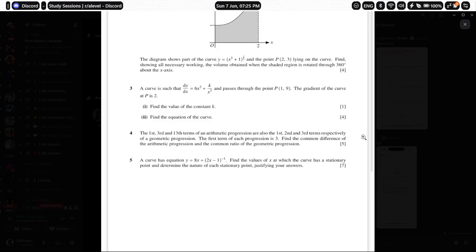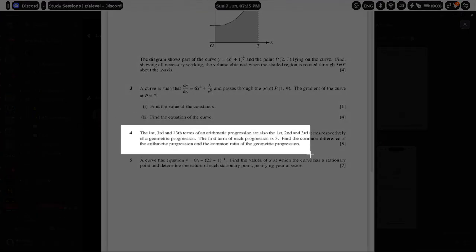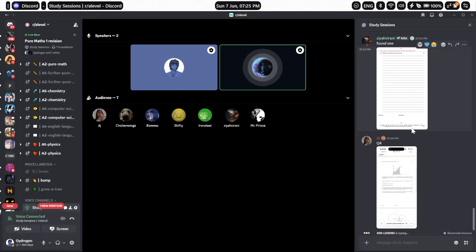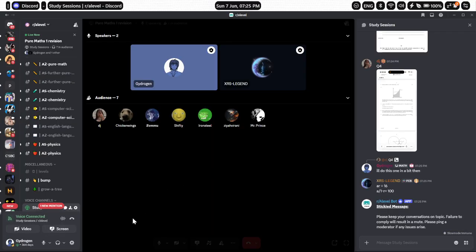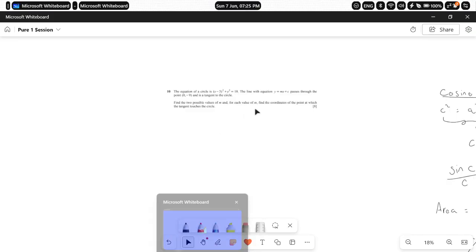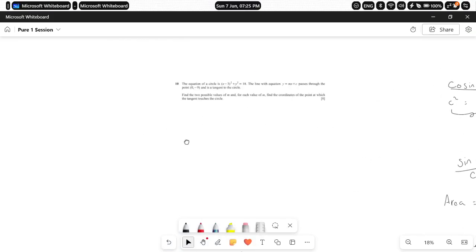All right, so the second term of the geometric is 16. So that means ar is equal to 16 and sum to infinity is 100. So you have a upon 1 minus r is equal to 100. Here we want to find a.